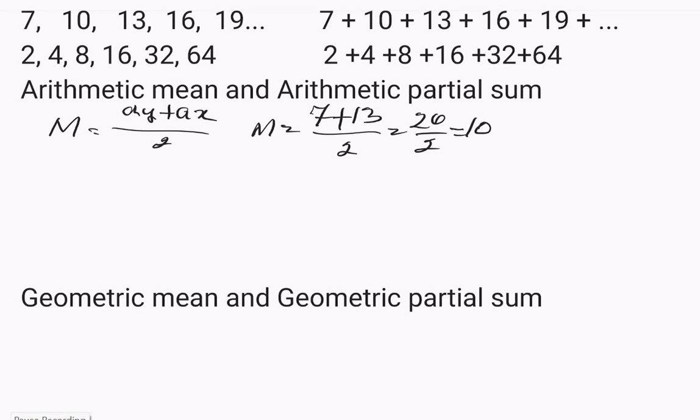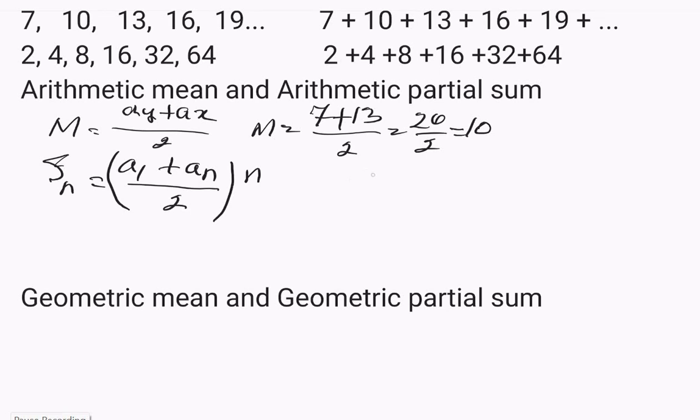The other one is the arithmetic partial sum. How do we get that? S sub n for arithmetic sequences equals a sub 1 plus a sub n divided by 2 times n, the number of terms involved.